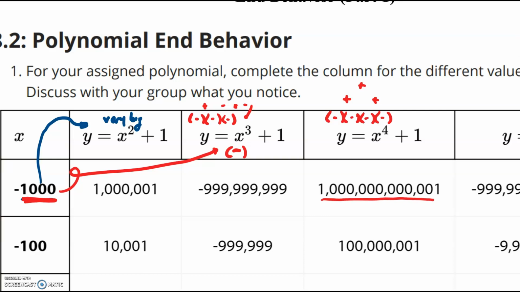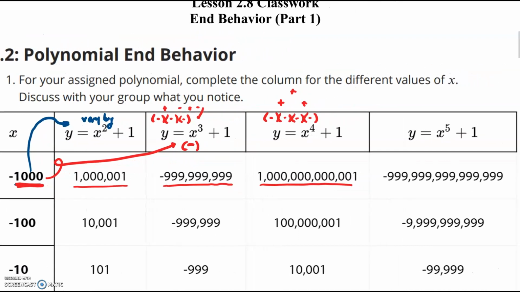Notice this one gave me a really big negative number. This one gave me a really big positive number. What's going to happen over here when we have this really big negative number? I'm going to have a negative times a negative times a negative times a negative times a negative, 5 of them. These first 2 will be positive. These second 2 will be positive.